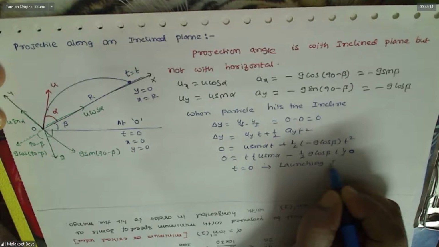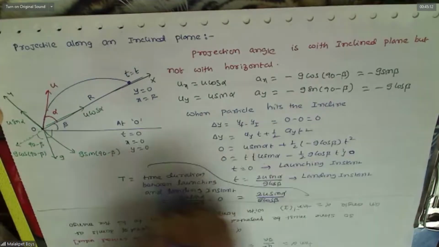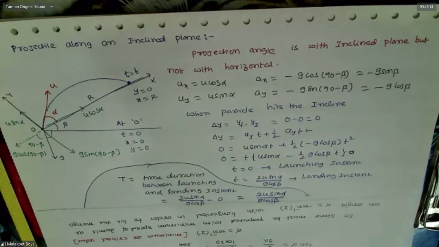Between launching and what? Landing instant. Do you remember this? Yes, sir. This is nothing but 2u sin alpha by g cos beta minus 0. This gives you 2u sin alpha by g cos beta. So you got the time of flight. Any doubt till here?